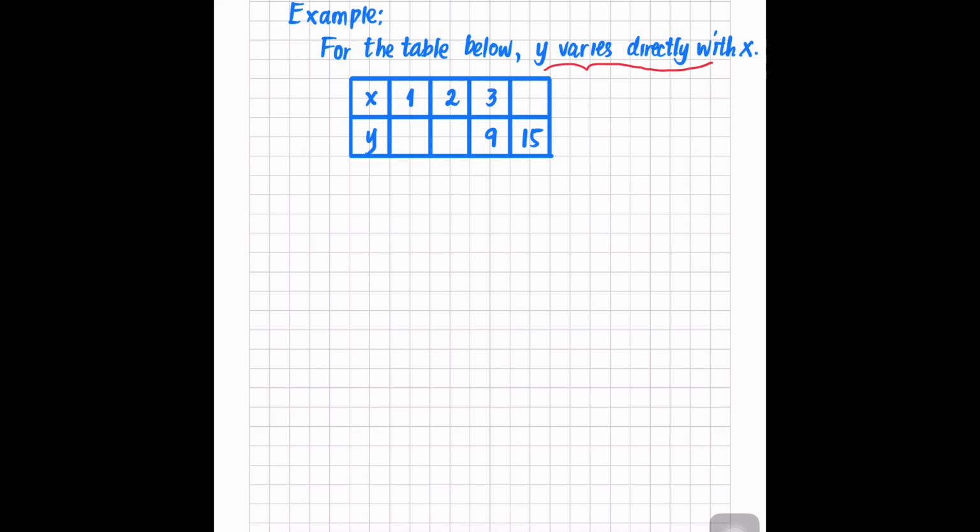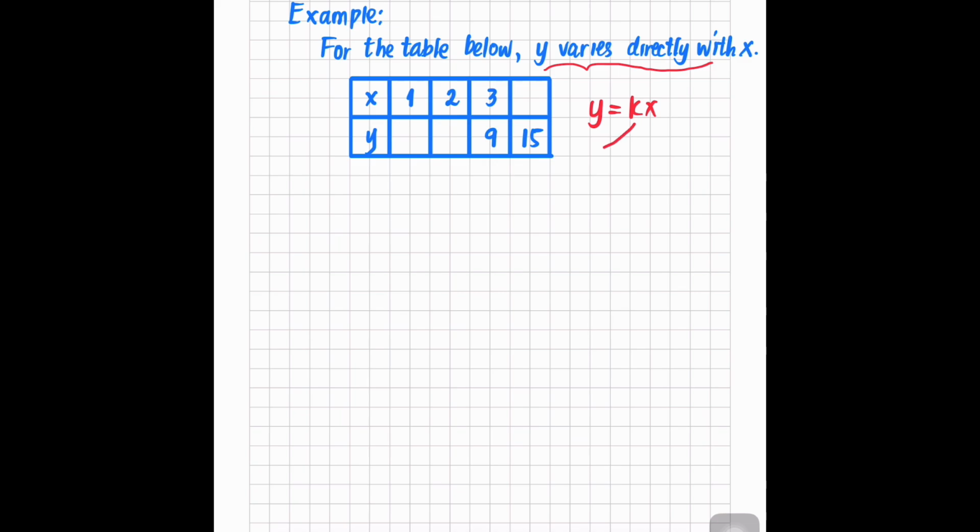So maybe you're asking, how are we going to know the numbers to fill in those boxes, right? For this given example, since we were given a complete pair of values, so when x is 3, y is 9, definitely the first thing that we need to do is to calculate the k. So if you remember, the equation of direct proportion is y equals kx, where k is the constant of proportionality.